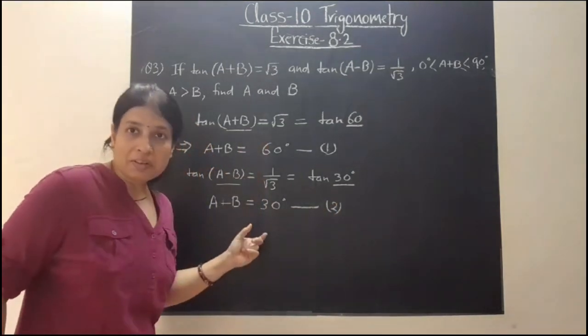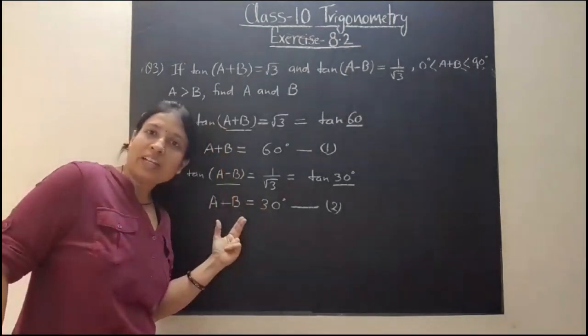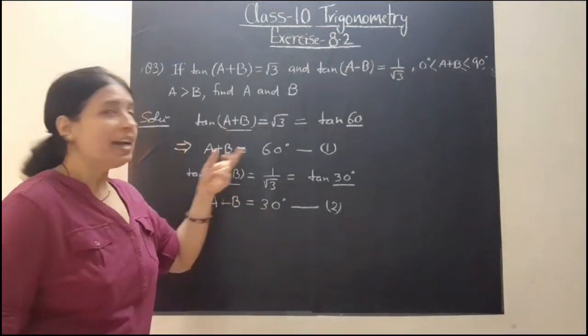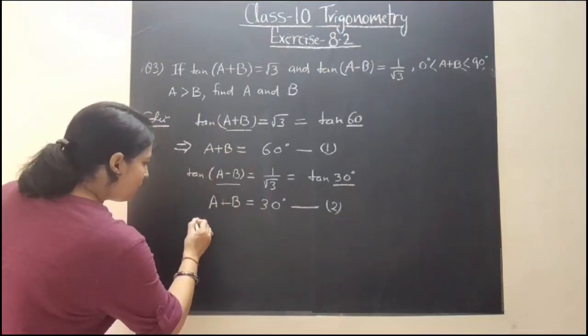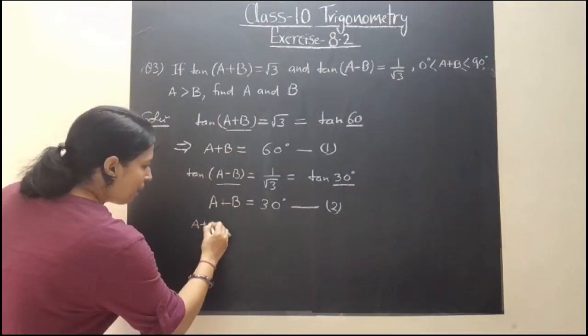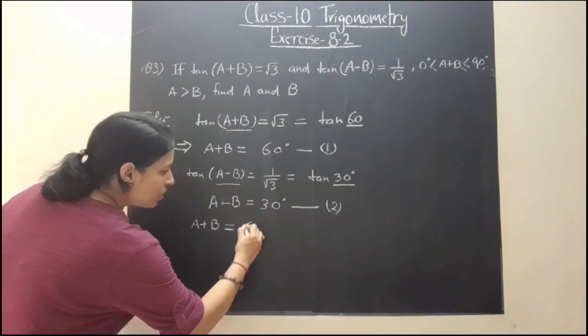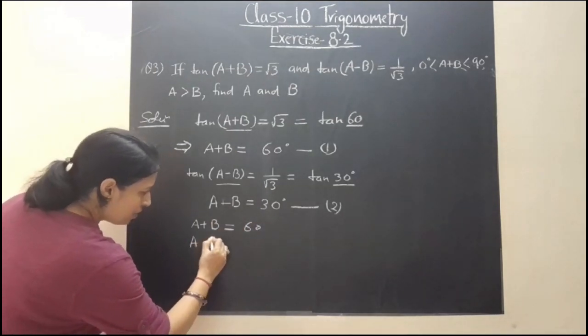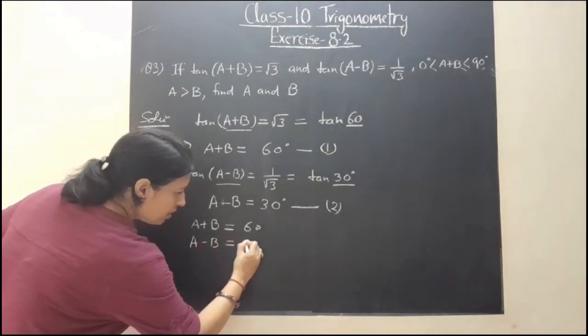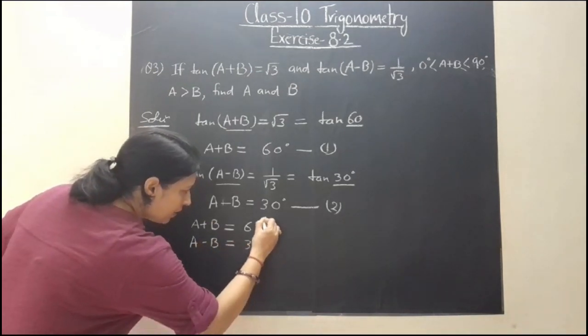Now we have two equations with how many variables? Two variables, A and B. So solve these equations. So first we write A plus B is equal to 60 degree. Then write below here A minus B is equal to 30 degree.